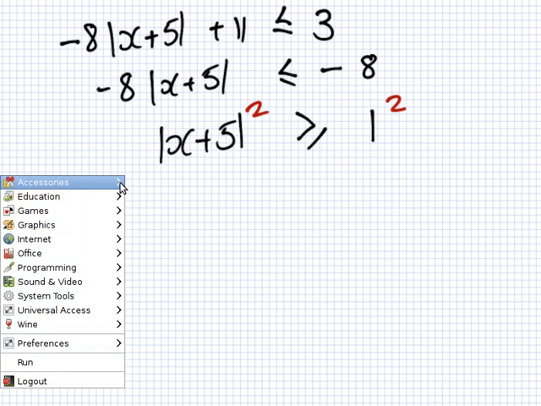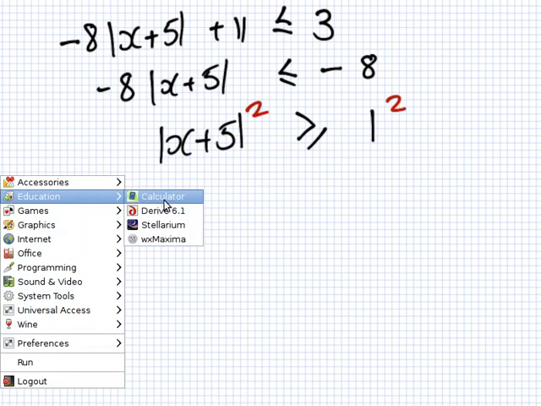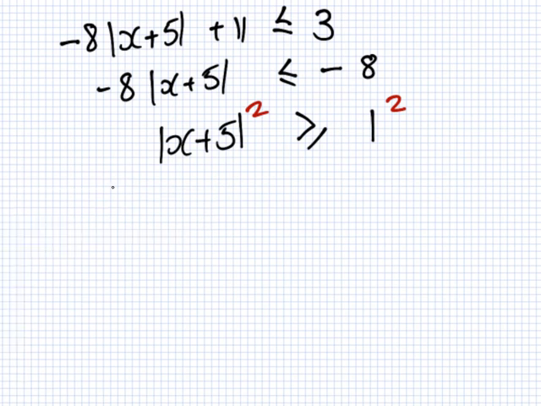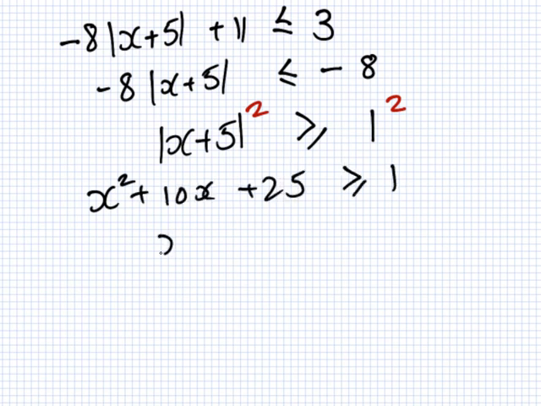And you know what? Actually, let me open up my graphing program too. That would be nice. x squared plus 10x plus 25 greater than or equal to 1. x squared plus 10x plus 24 greater than or equal to 0. 12 and 2?